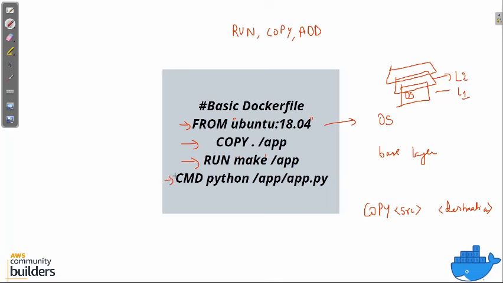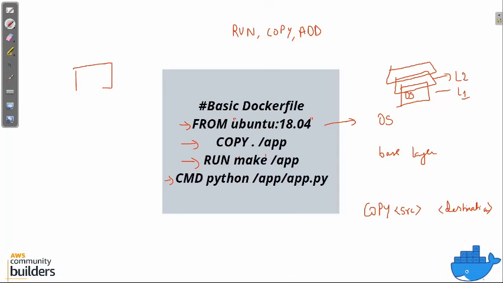Now we have cmd. If you recall what I have explained, cmd is used to define the command which will run as soon as our container runs. It will specify what command to run when the container starts running. Within the container, how will we execute the application that is inside?